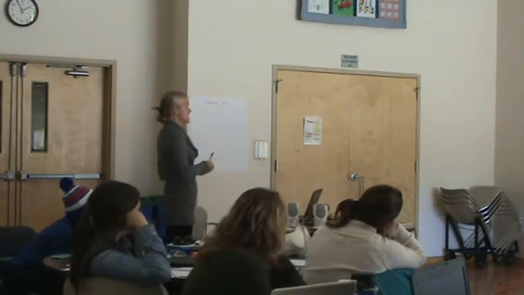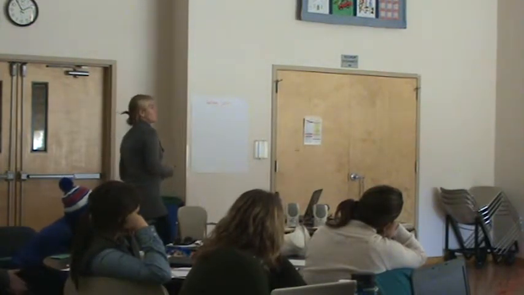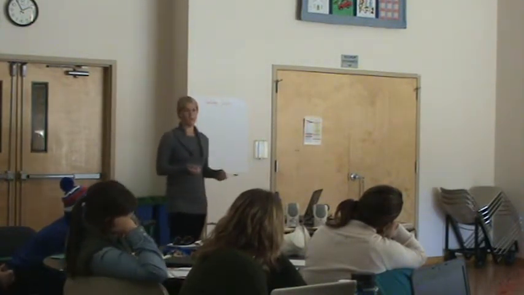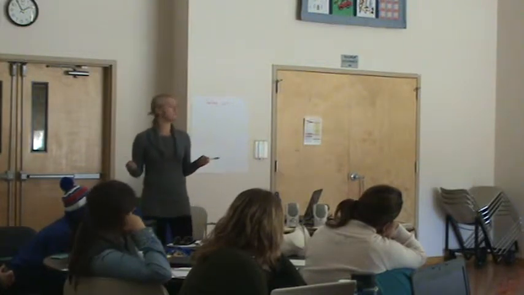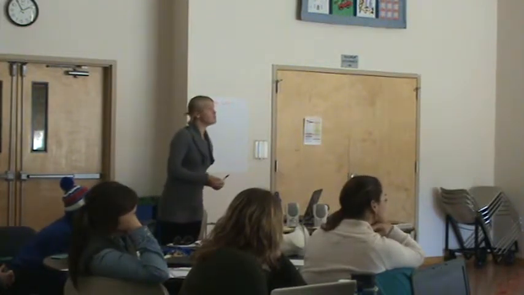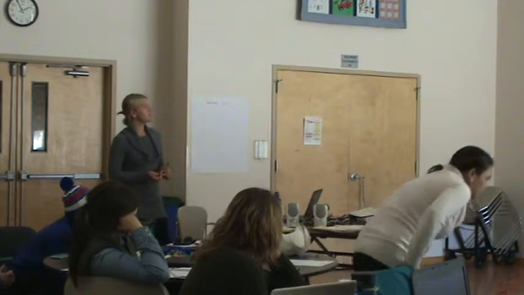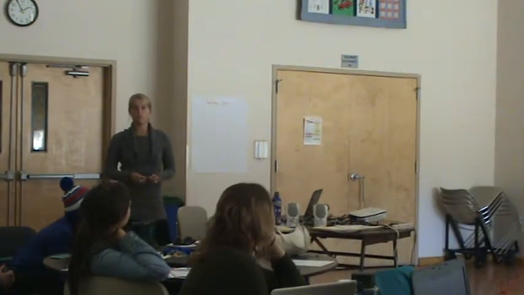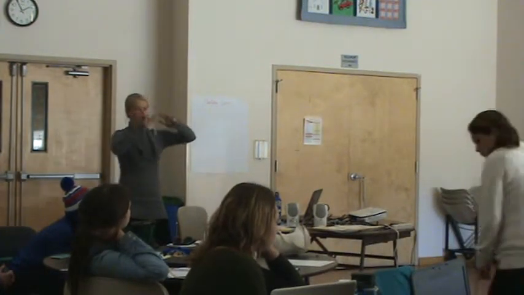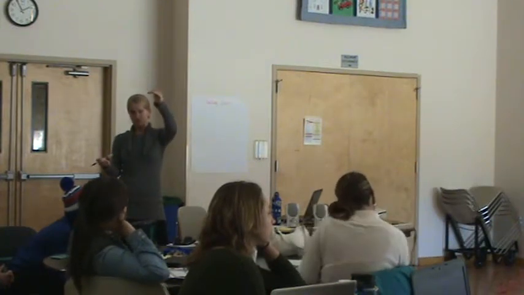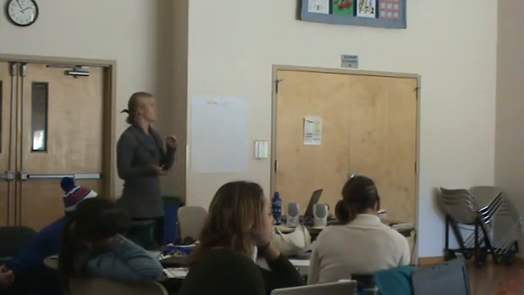But anywho, so next we're going to talk about that least to most prompting, which was backwards chaining. The first level provides an opportunity for the child to respond without prompts. So that first level is a level of independence. The remaining levels are sequences from least amount to the most amount of assistance. So I mean, think about it as a pyramid. You start with the least amount, then you work your way up a little bit more, a little bit more.